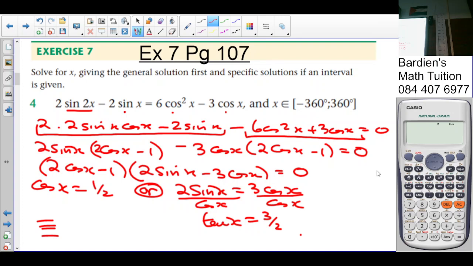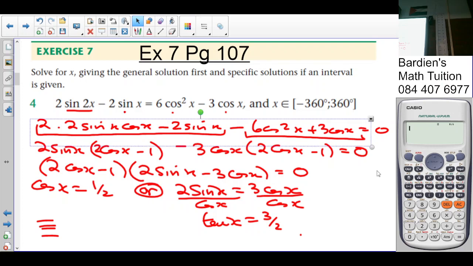Okay? Who asked this question? Where did you go wrong? I didn't know what to do after about the second line. You didn't factorize the common factor. No, I didn't know what to do after this line.